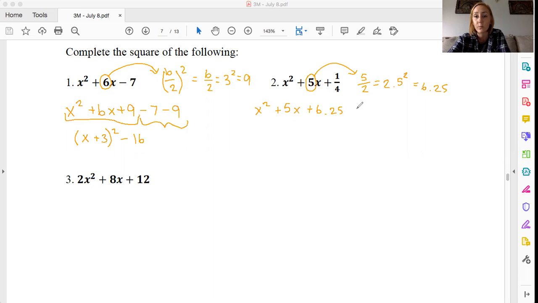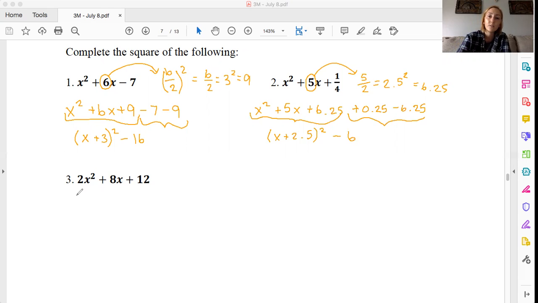So 1/4 is 0.25. And then minus 6.25. Here is our perfect square. So x plus 2.5 squared. Take your 2 last numbers. So 0.25 minus 6.25 is just minus 6.